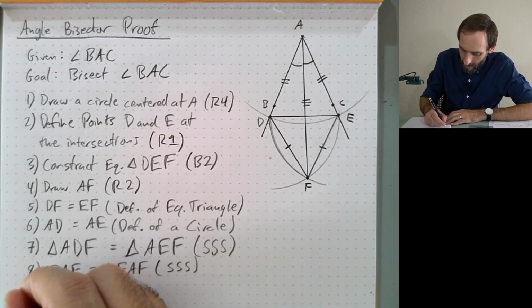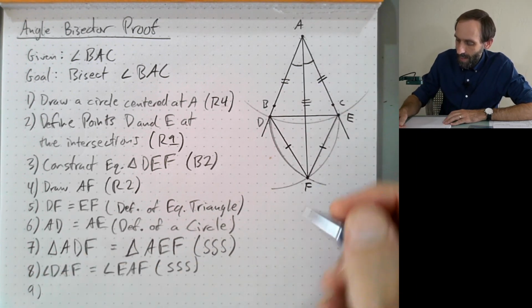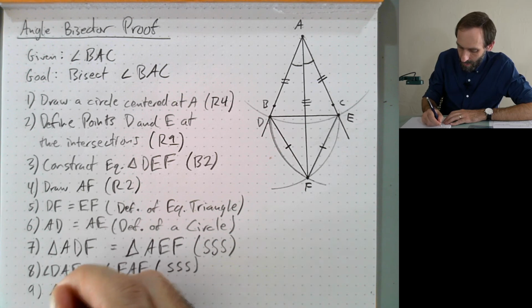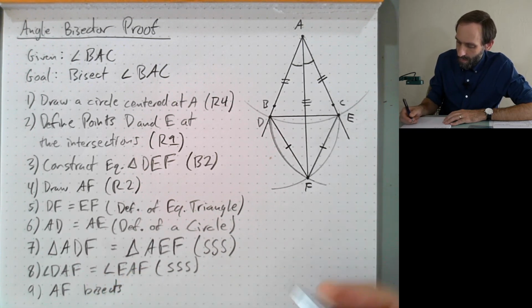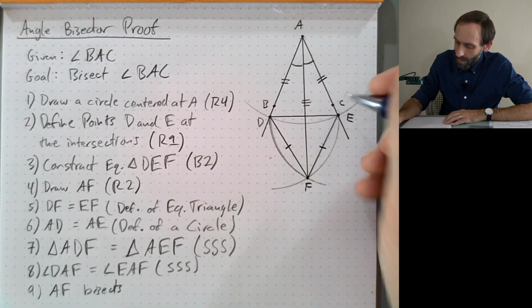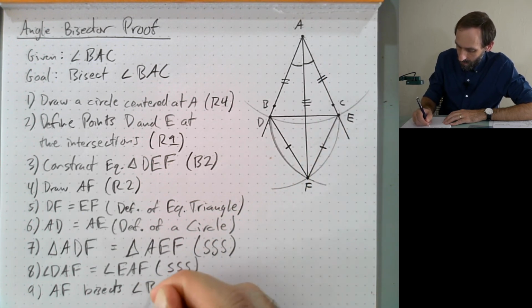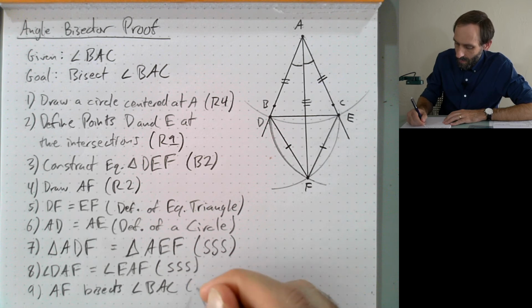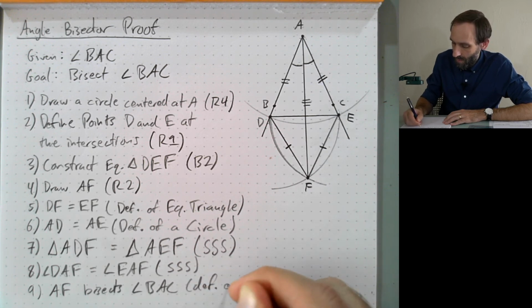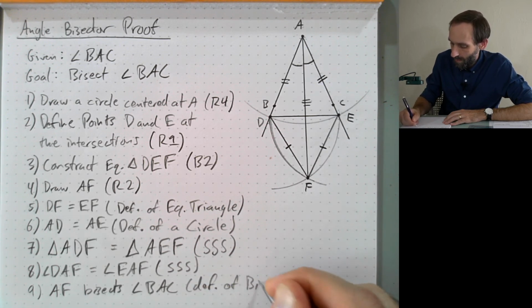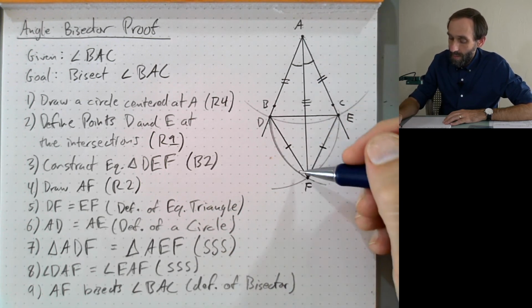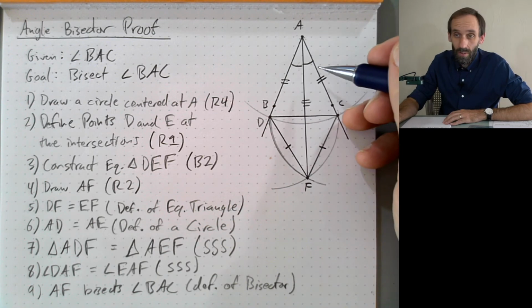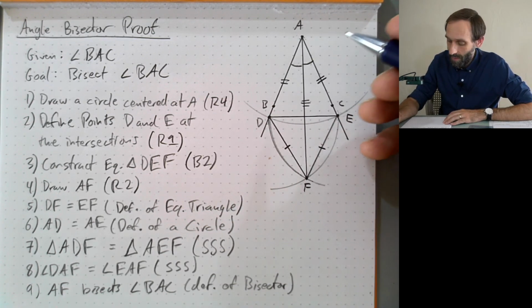And finally, step 9, the line AF bisects the angle BAC. And that's by the definition of bisector. This line AF divides the angle into two equal parts, and that's our definition for bisector.